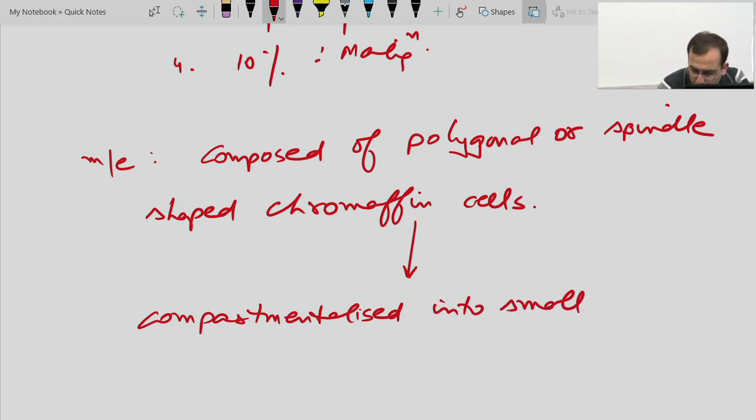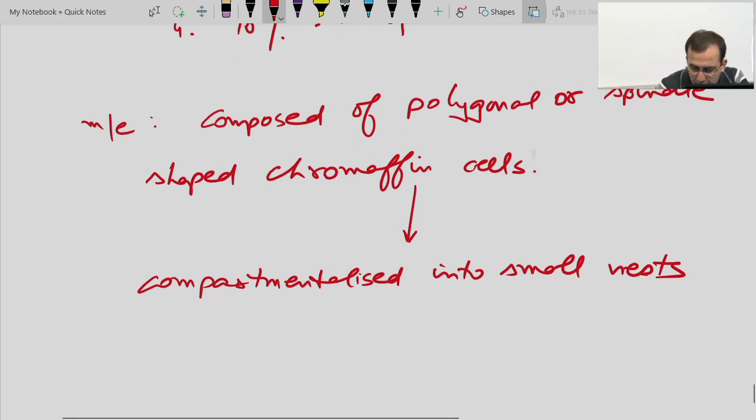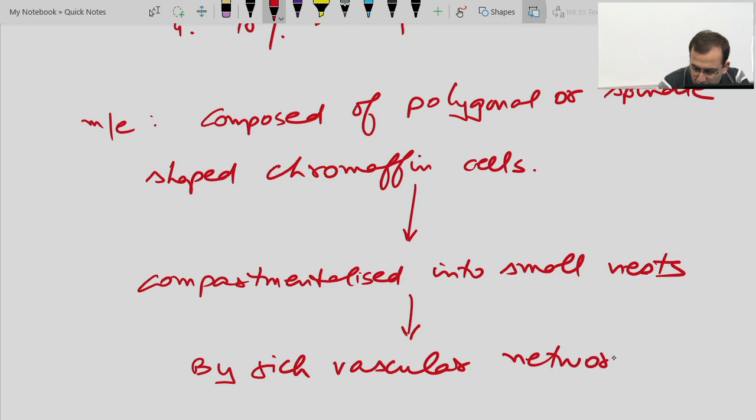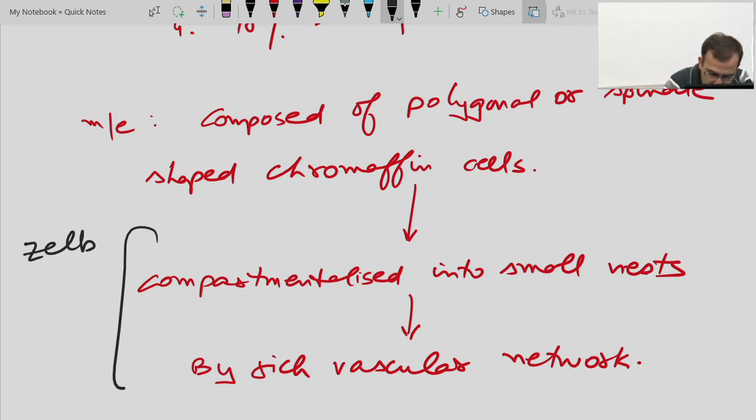And how are they compartmentalized? By a rich vascular network. This compartmentalization is called the Zellbellen pattern seen in pheochromocytomas.